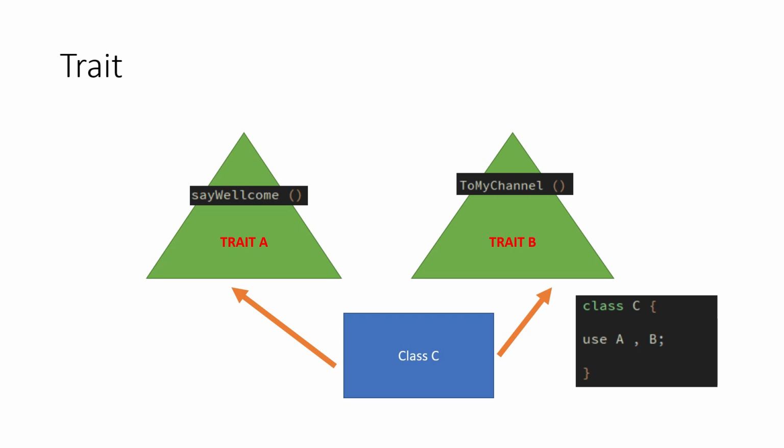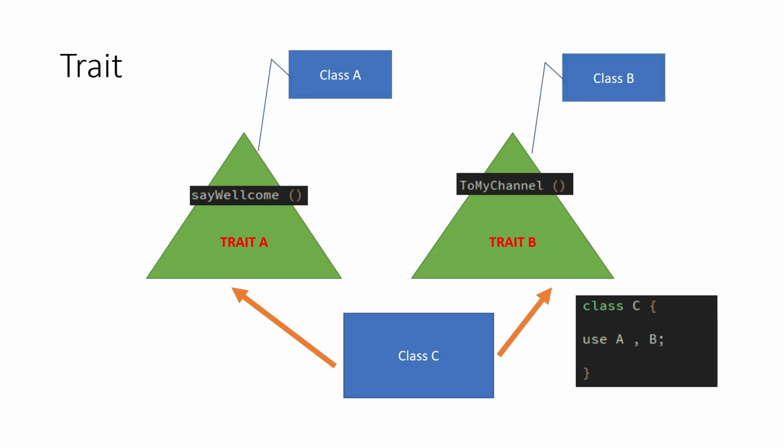Let's assume the traits replace class A and class B, and now C looks inherited from A and B, but not in reality. In C we just use traits A and B, and through this mechanism we achieve the work of multiple inheritance. Let's see this concept in code.